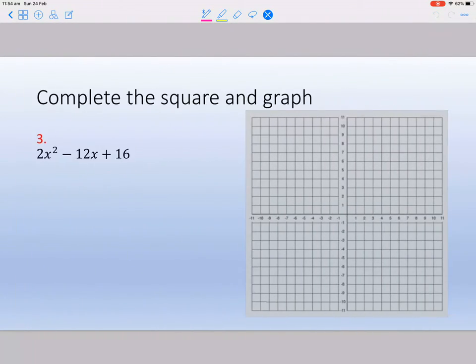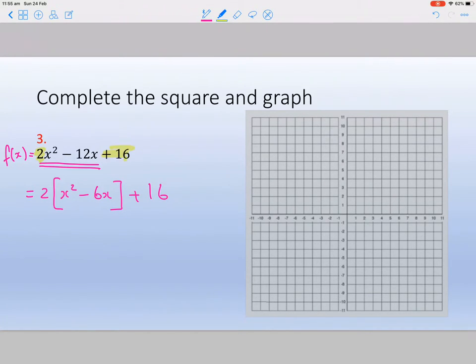Okay, let's do one more example. That's a non-monic as well. It's a non-monic because it's got a 2 in front of it. So I'm going to do the same thing, f of x equals, and then I'm going to use my square brackets. 2 square bracket x squared minus 6x, because I've taken 2 out of these first 2 terms. Plus 16 will be outside.